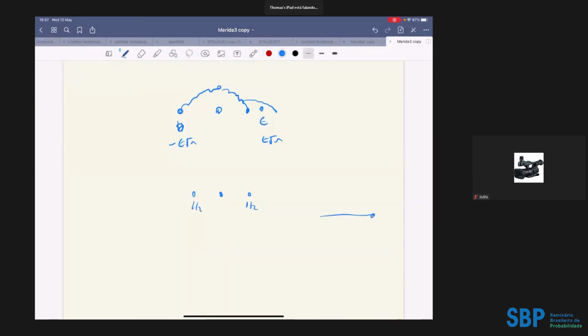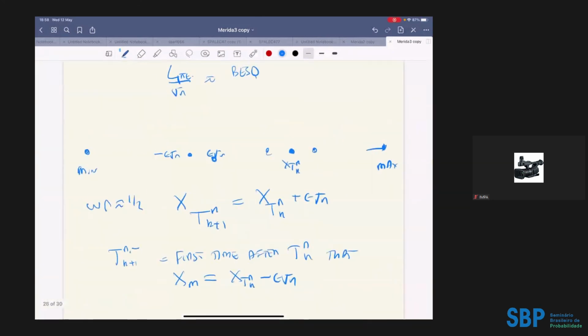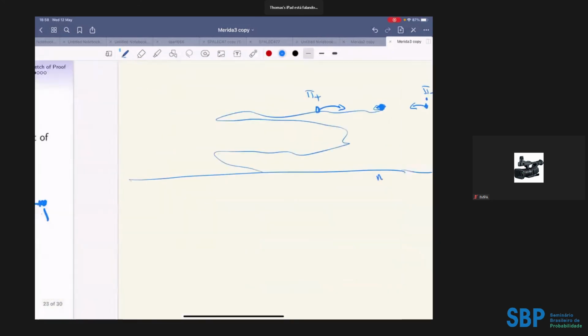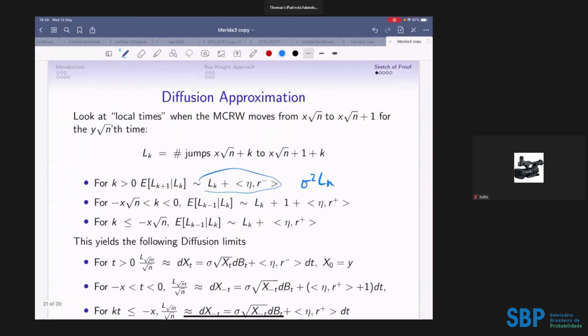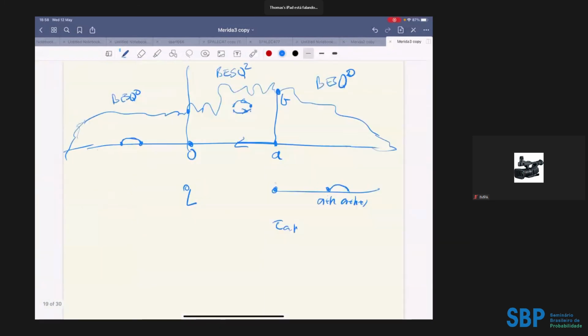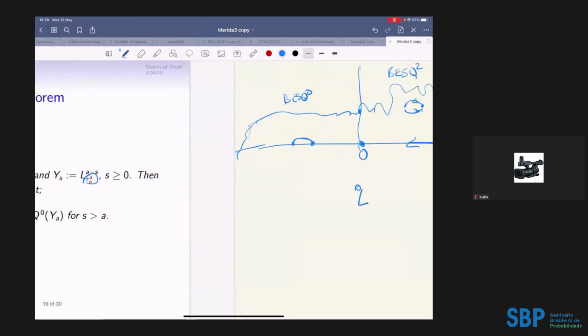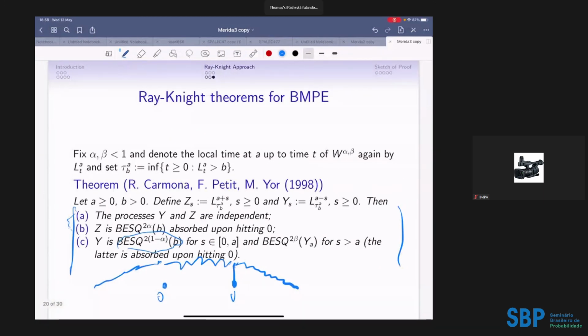Okay, that's fine. And now you ask yourself, what happens when you're not in the bulk, when you're not separated from the maximum and the minima? If you have a maximum here, it's a bit more complicated, but the same basic argument works. We can go right back to the Ray-Knight theorems for the Brownian motion perturbed at extrema.